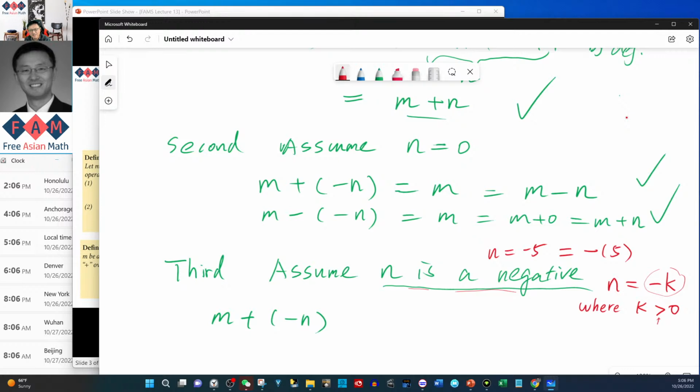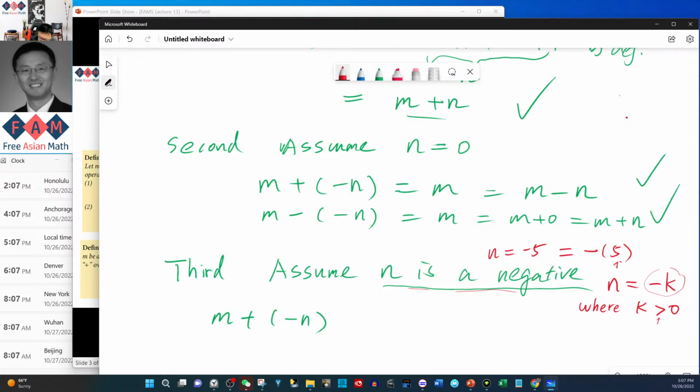Put 5 into the parentheses. Does that make sense now? Okay, so n is negation of k, where k is actually the positive portion of this negative number, which we would call absolute value. But for now, don't worry. We just understand n is negation of k because n itself is negative. So k has to be positive, right? Here, k is 5.